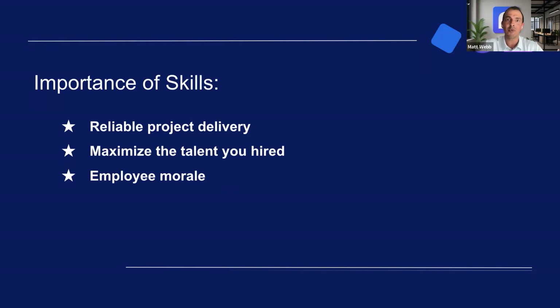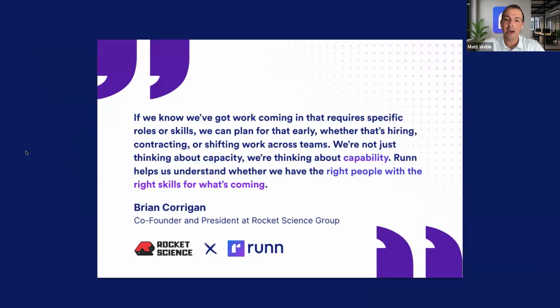And the challenge that we so often see is that if you don't have proper visibility into your skills, it becomes very challenging to identify not just your projects that are at risk, but also your people. And there's a really great quote that I'm going to pull up here from our most recent case study with Brian Corgan over at the Rocket Science Group.